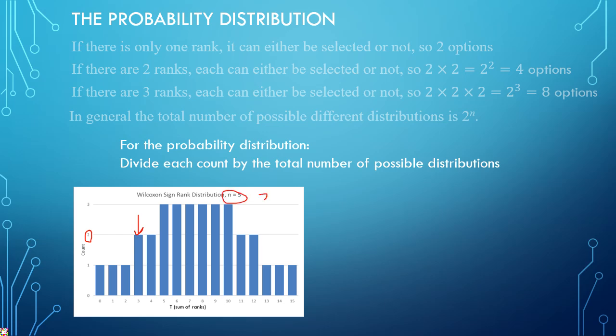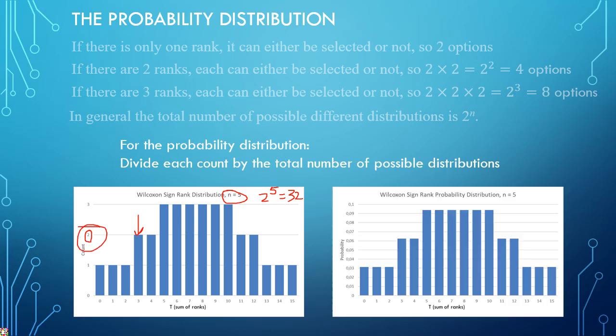That would be 2 to the power of 5, which equals 32. So we would divide this 2 by 32. And that gives you a distribution that looks exactly the same, but now, of course, the scale is showing the probabilities.